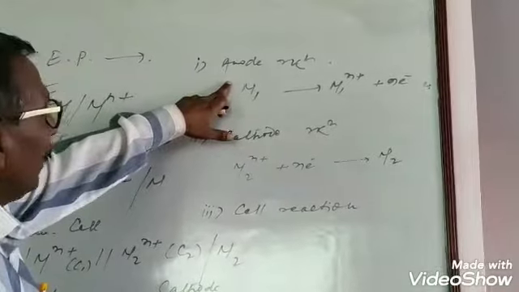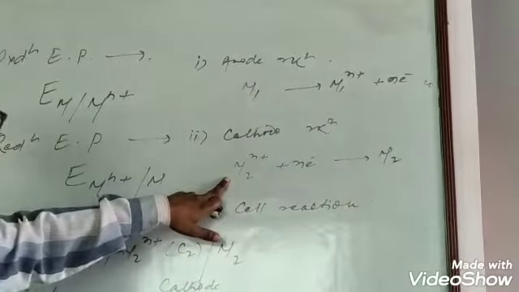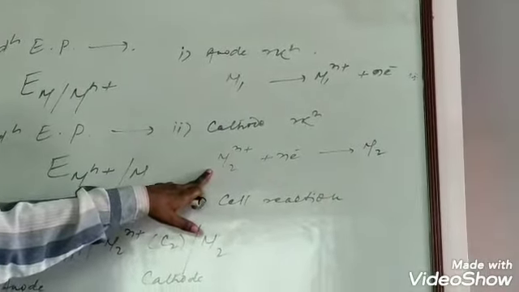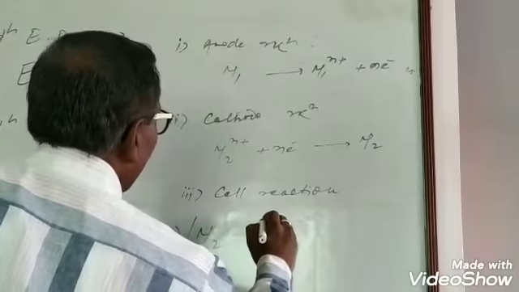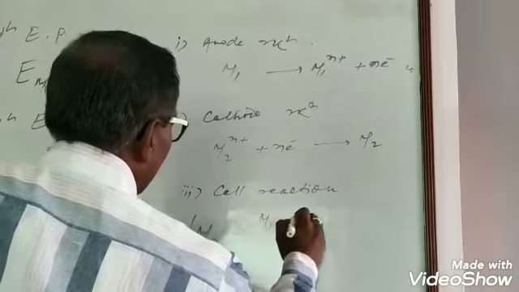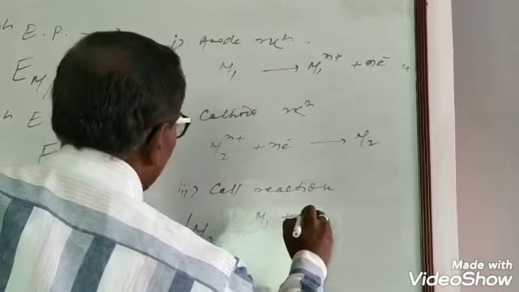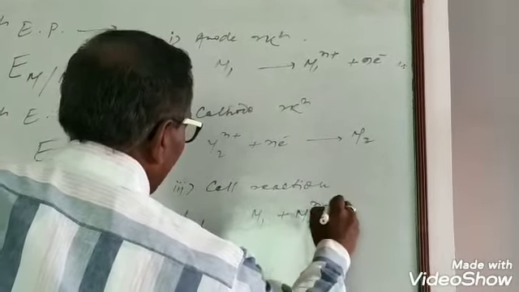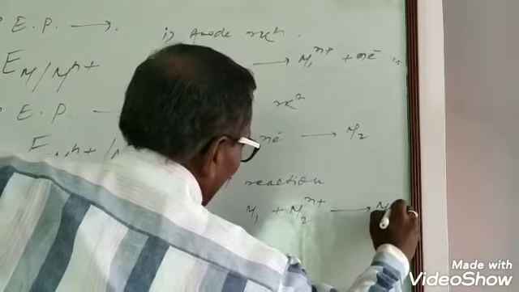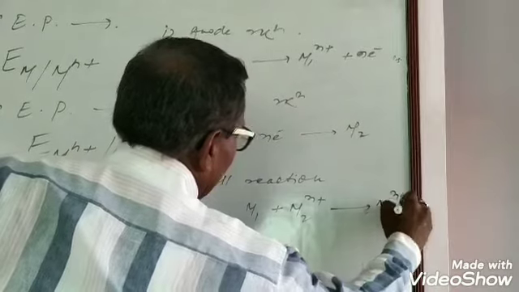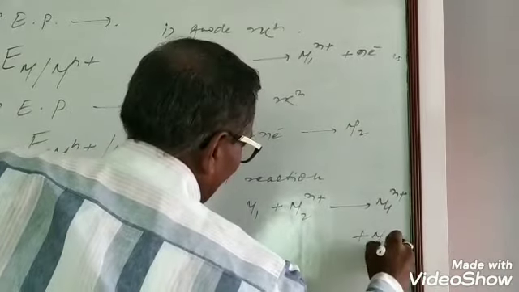And the cell reaction is obtained by adding anode reaction and cathode reaction in balanced form. So we can write M1 + M2n+ → M1n+ + M2. This is the complete cell reaction.